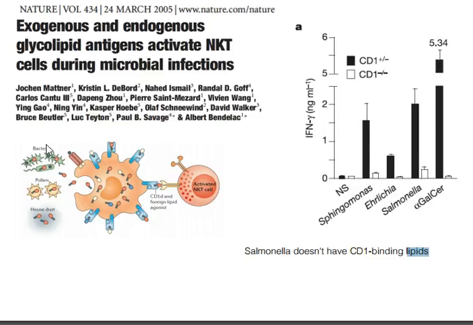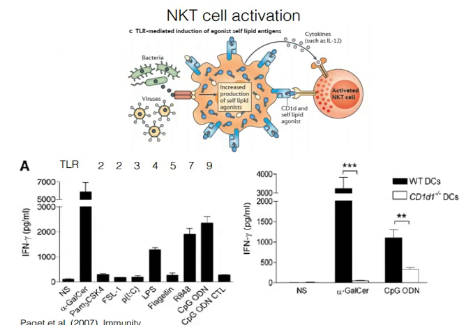So as the bacteria doesn't have lipids, once it's internalised, there won't be any lipids presented on the CD1, and therefore the NKT cell wouldn't be activated, at least not by this mechanism. So there must be another mechanism, and the suggested mechanism is this release of cytokines such as IL-12.